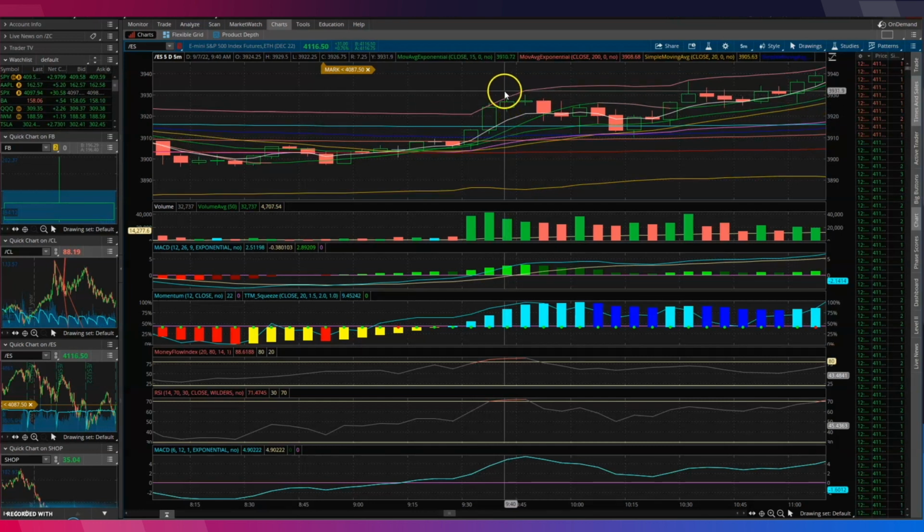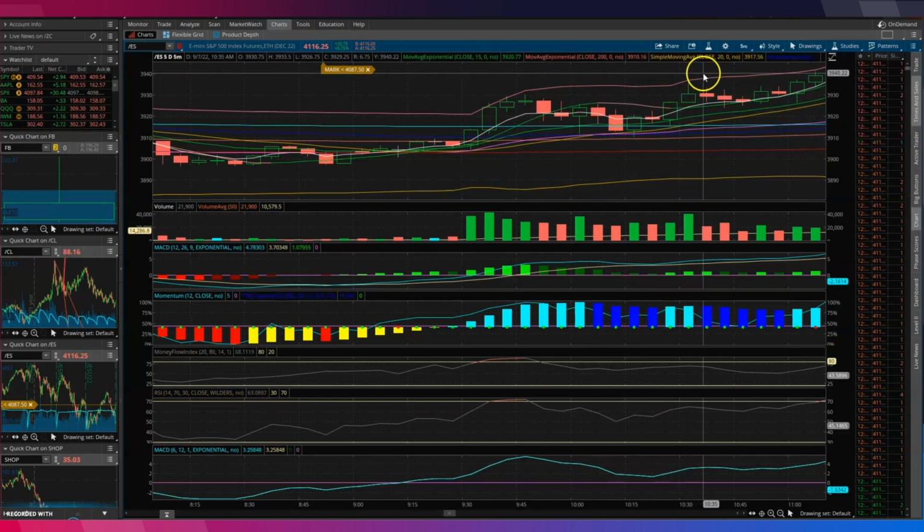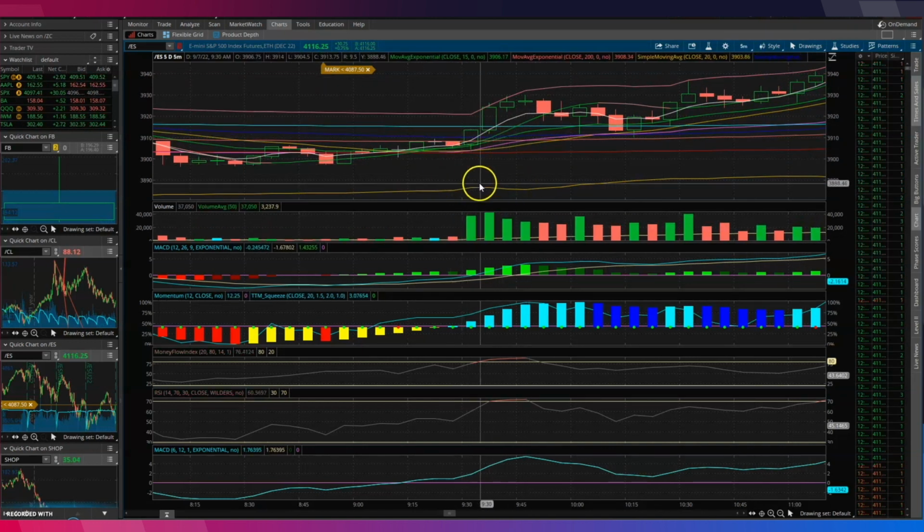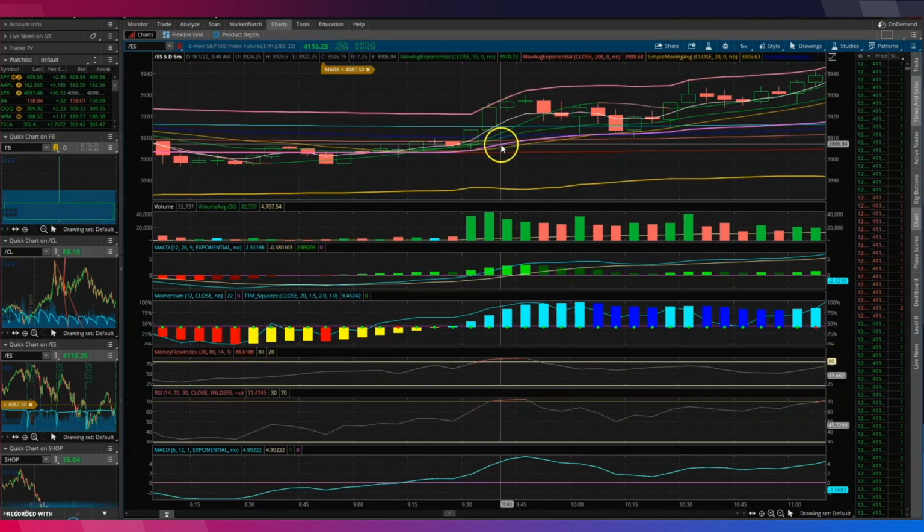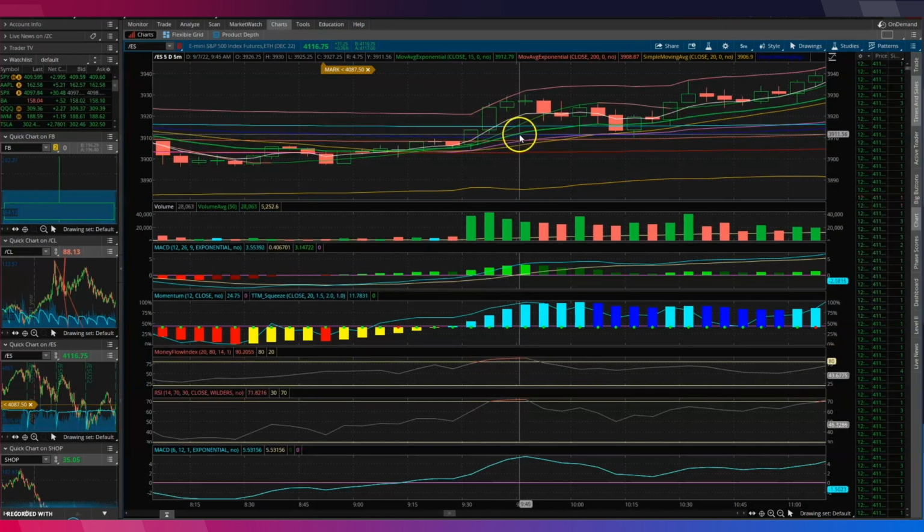You could probably still get yourself a few points here, and if you hold through, you could get yourself even more. If you're really confident, you would see a little bit of lossage there. But that is just another example of how I trade, using the money flow index and the RSI, as well as all of my EMA and SMA lines. So hopefully that helps you guys out a little bit.